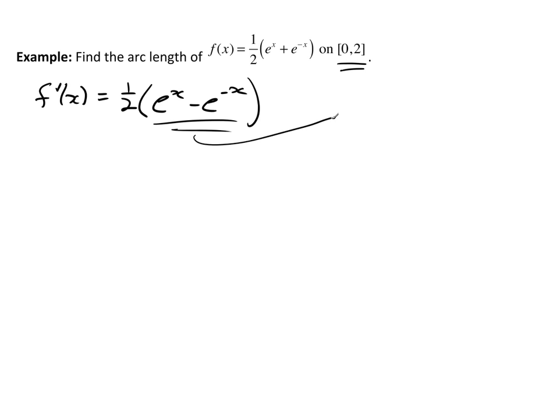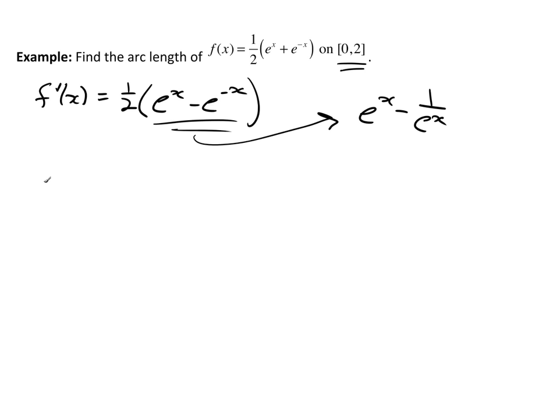Just this piece right here is the same as e to the x minus 1 over e to the x. At 0, e to the 0 is 1, so this is 1 minus 1 over 1. 1 minus 1 is 0, so there's no problems there. And there's no points of discontinuity between 0 and 2. So this is continuous on this interval, so the arc length will be rectifiable. We're going to have some type of finite length there.